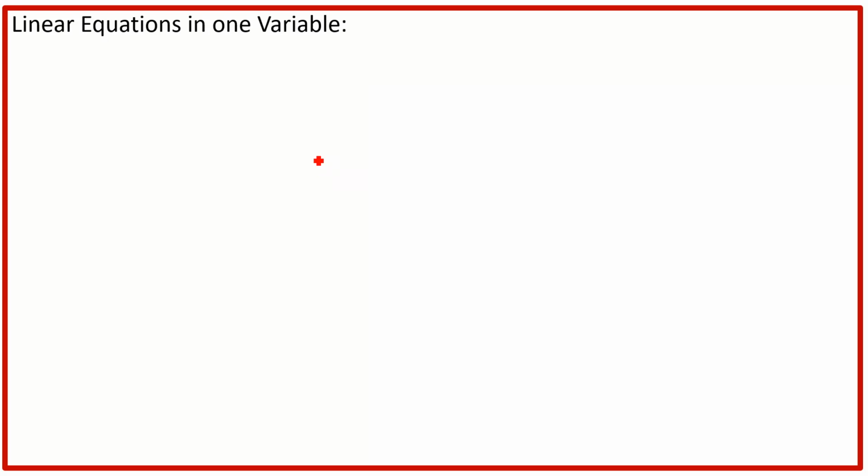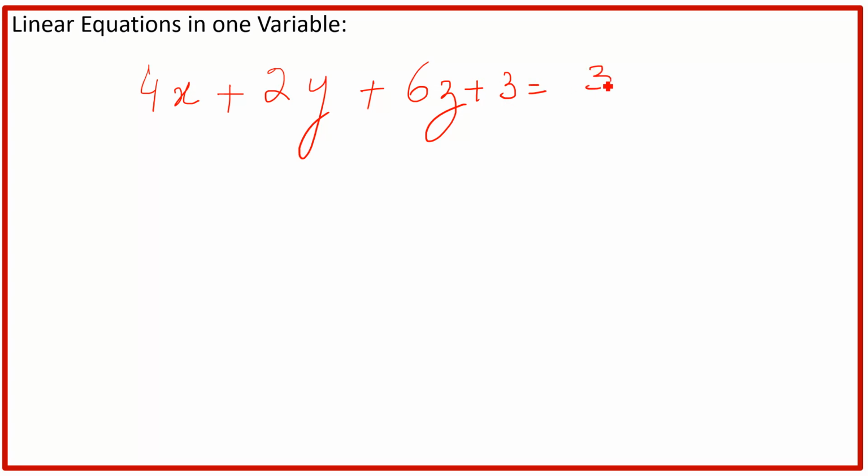To discuss linear equations, or any type of equation for that matter, we need some terminology. The following is an equation in x, y, and z. Suppose I write down 4x plus 2y plus 6z plus 3 equal to 3y minus 8z minus 4.